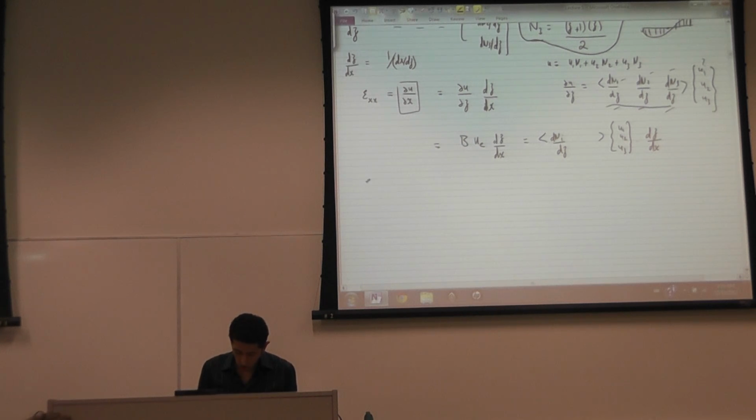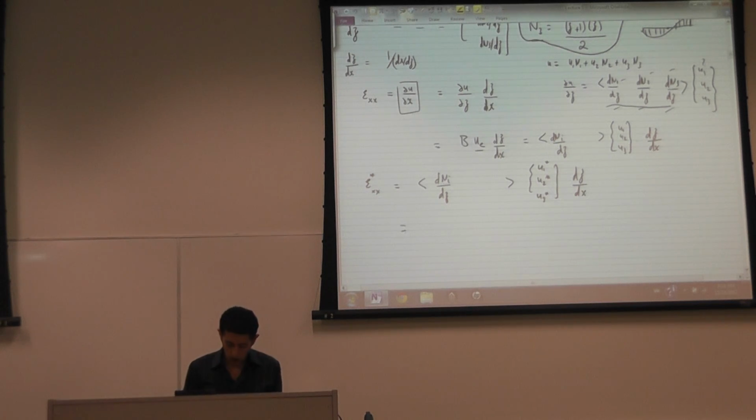Before the virtual work equation, epsilon star xx, the virtual strain, is simply epsilon x, but replacing UE with the virtual components, or with the variational components: U1 star, U2 star, U3 star, dx by dx. Or I can write it like this, U1 star, V transpose, let's write it.